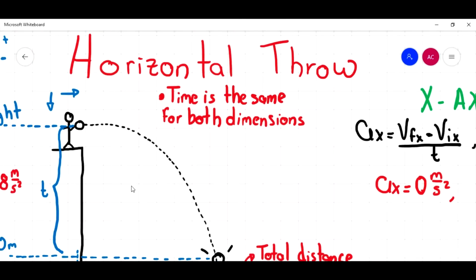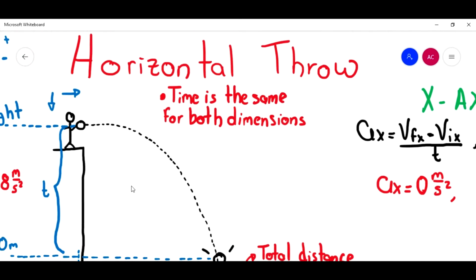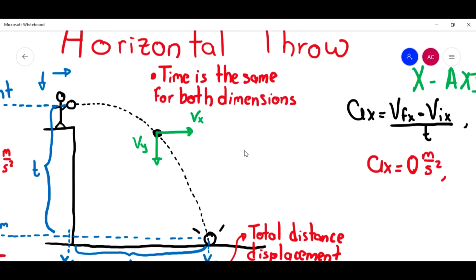So for example, imagine the object at this point. Okay, the object is here. Remember, at that point, I'm going to have a velocity in x, and also a velocity in y. Those are the two vectors, or the two rectangular components, that I'm going to have all the time.